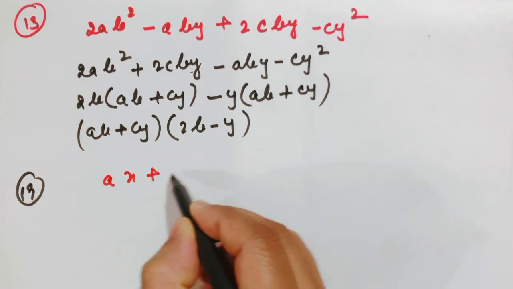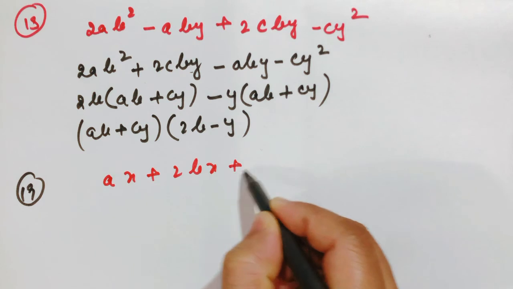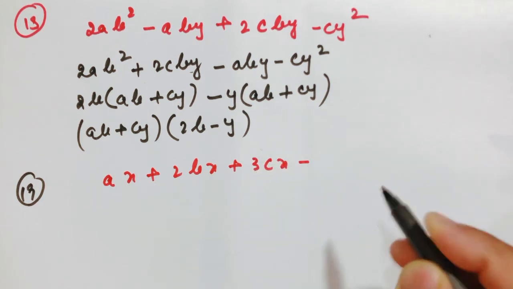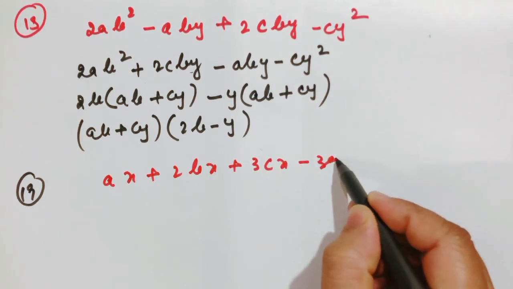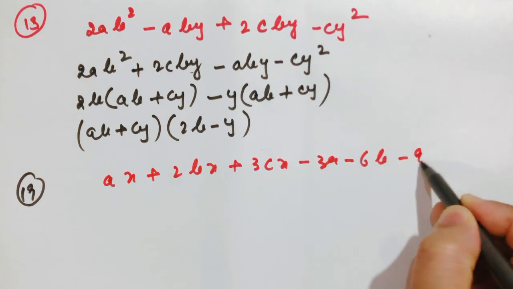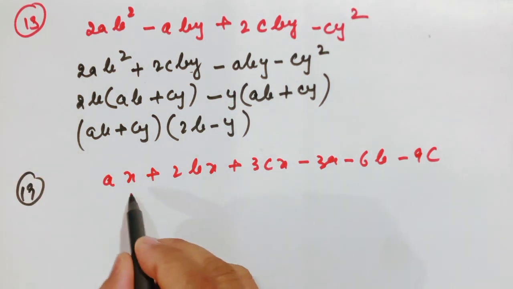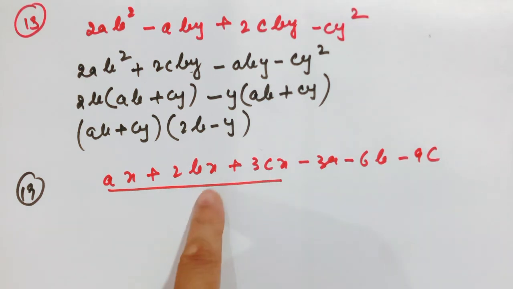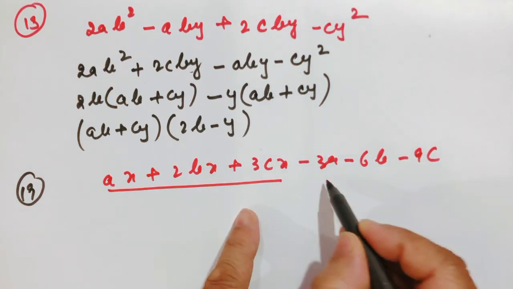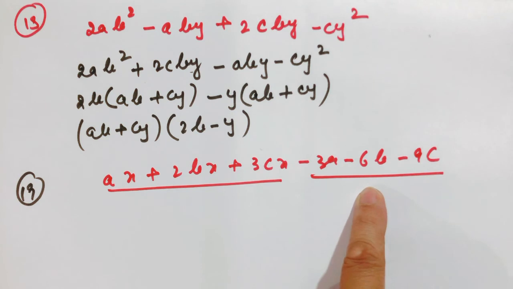ax plus 2bx plus 3cx minus 3a minus 6b minus 9c is our sum. Now we will see whether this is in proper condition or not. So this is quite a different type of sum. यहाँ पे हम ये देख रहे हैं कि अगर ये तीनों को ग्रुप किया जाए, so we will get something in common.